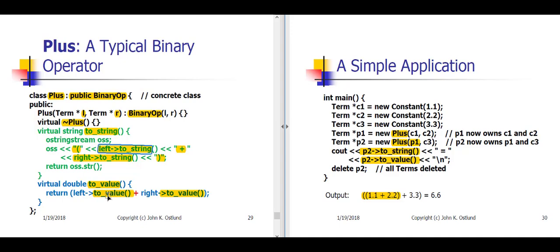So we call toValue recursively to compute 1.1 plus 2.2, which gives me back a 3.3, and then we add that 3.3 to the right-hand side in the top level, and we get ourselves a 6.6 as our result. Okay, and that's it. So we now have a relatively straightforward expression evaluator, assuming that our expression only consists of constants and plus binary ops. We can add, minus, times, divide, and so forth.